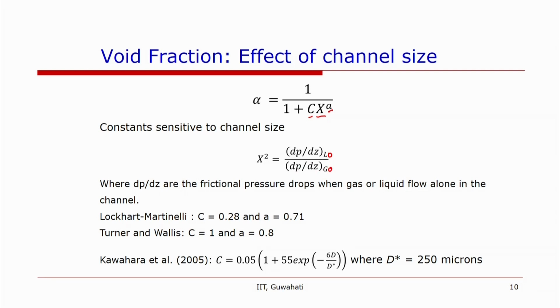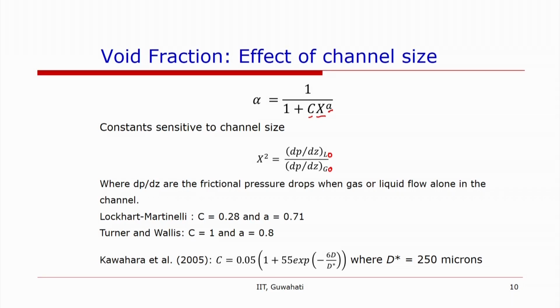So, dP by dz liquid only or gas only are the pressure drops in the channel if there is only single phase flow. Liquid only refers to flow of only liquid, and gas only refers to flow of only gas. These are the frictional pressure drops which one can find using Poiseuille's law for fully developed laminar flow, or Blasius's law for turbulent flows, which we will be talking about later when we talk about the pressure drop.